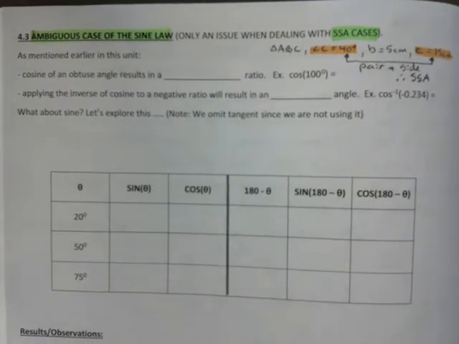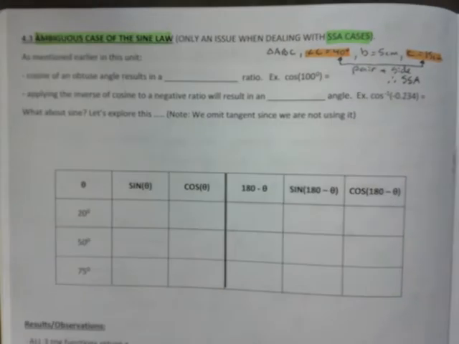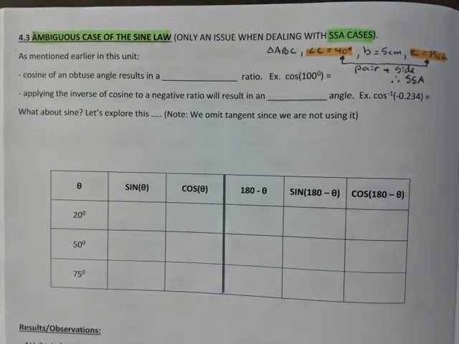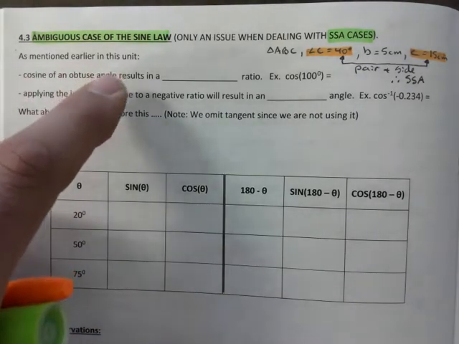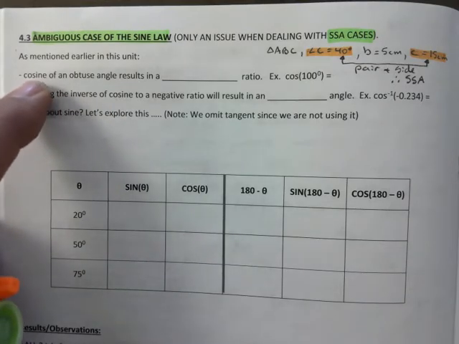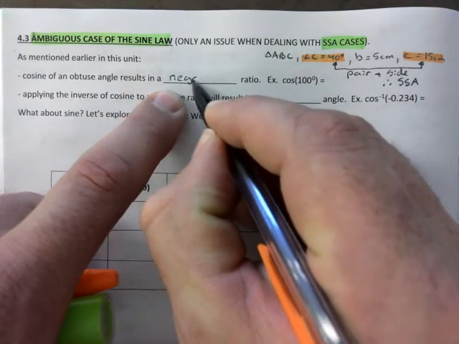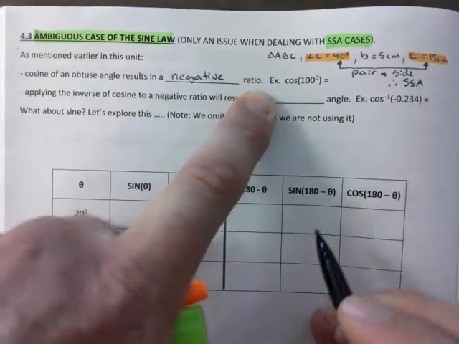And I also have my iPad ready here because I will give you a cool visual demonstration of what we're talking about here in a bit. As mentioned earlier in the unit, cosine of an obtuse angle results in a negative ratio.